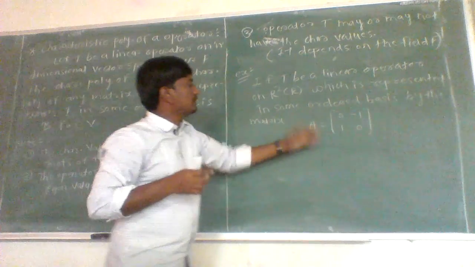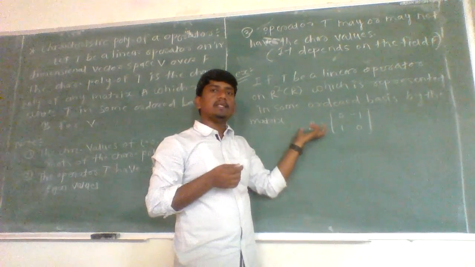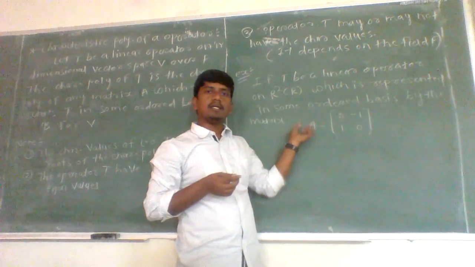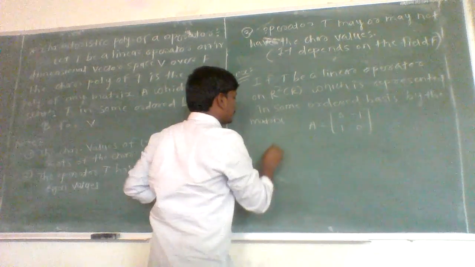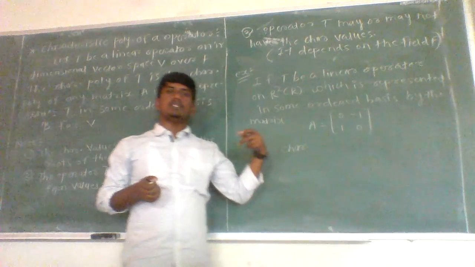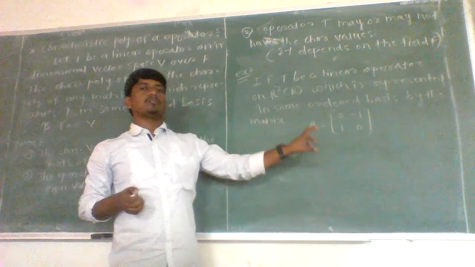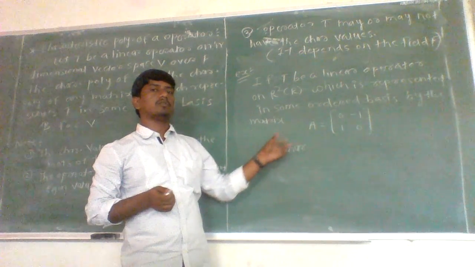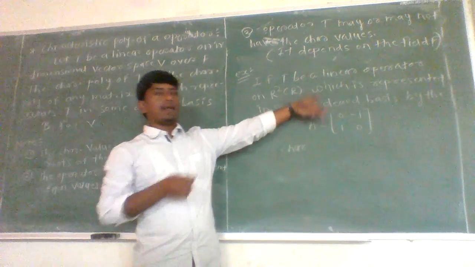Then we know that if we are given a matrix, the characteristic polynomial of that matrix is nothing but the determinant of xI minus that matrix. The characteristic polynomial set equal to 0 is the characteristic equation of that matrix.